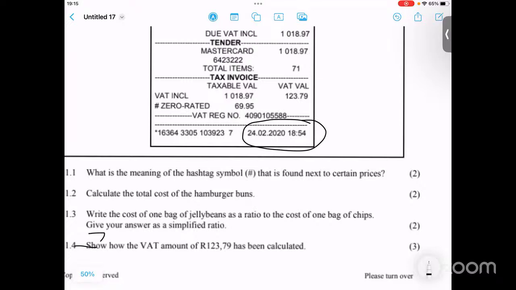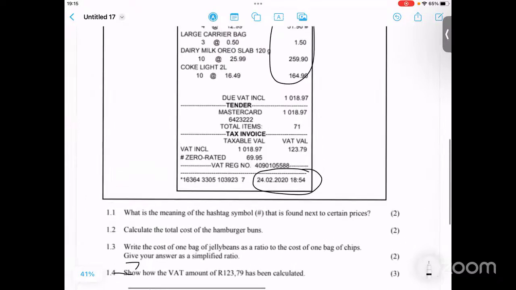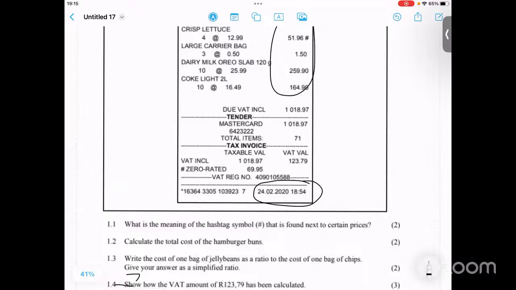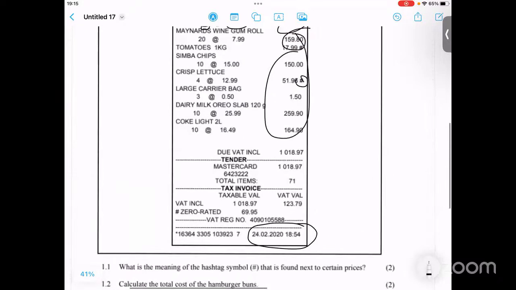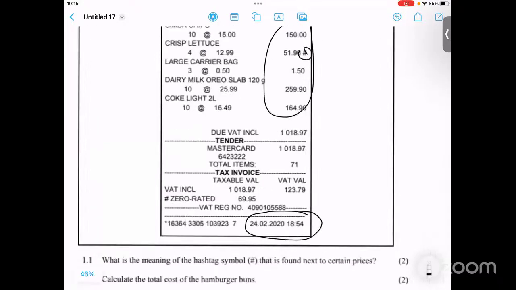Now the first question that we are having here, they say, what is the meaning of the hashtag symbol that is found next to certain prices? Let's see. We have hashtag here, and where else? Just those two. What does that hashtag mean?